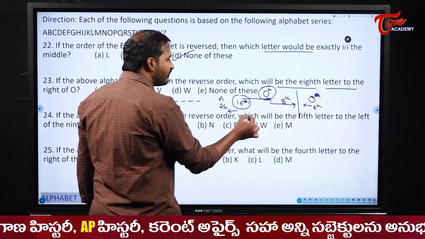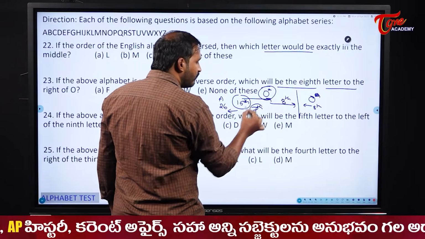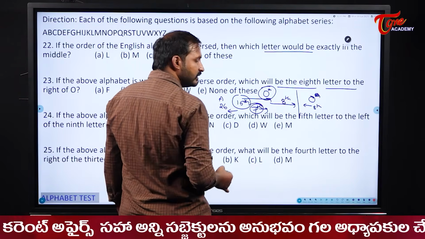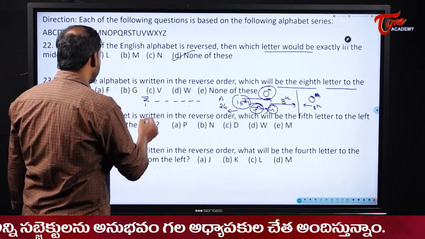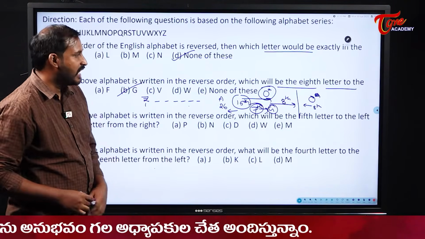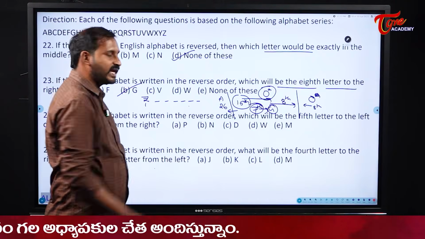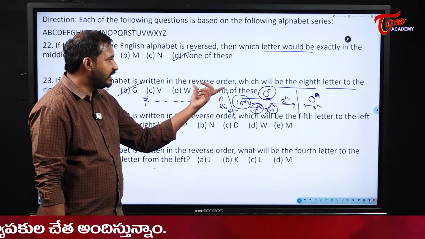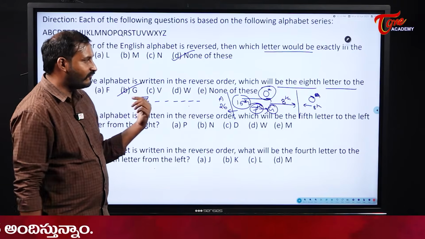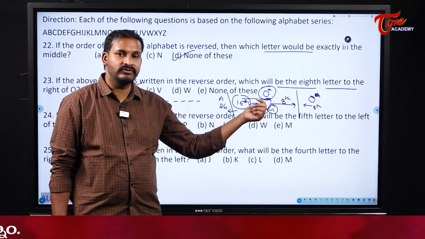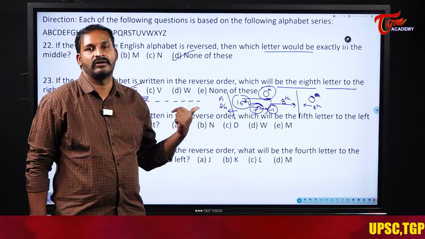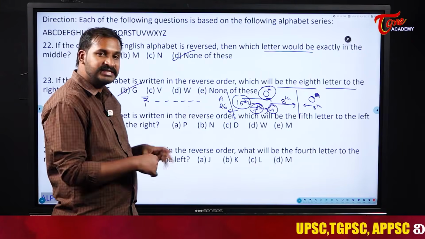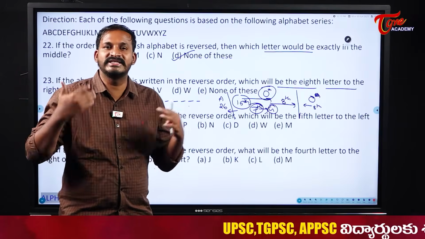So what is the 7th alphabet? The 7th alphabet is G. G7 nation. So my answer here will become option B, G. Actually, they asked me to find the 8th letter to the right of O, but we found the 8th letter to the left of O here. Why? Because the alphabets are written in reverse order. So instead of changing the entire alphabets, I am simply changing the question.